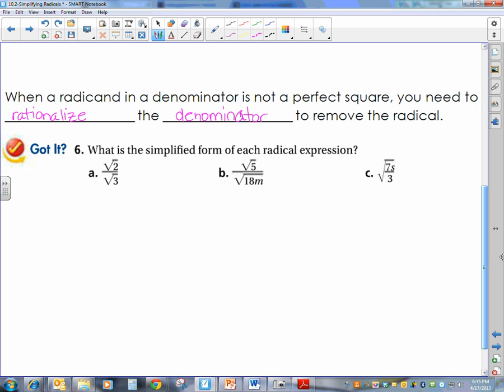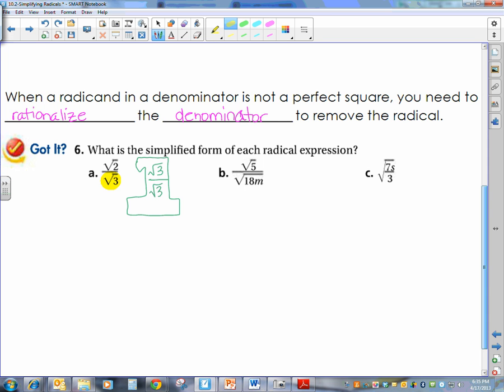Now, when I do this, you have a fraction, and if you multiply the fraction by 1, then you are not really changing the value of the fraction, you're simply changing the name of the fraction. And when you do this, you always want to use the expression that you have in your denominator.